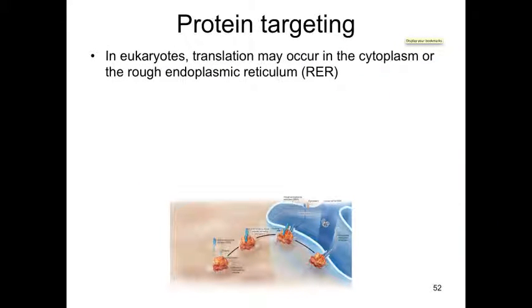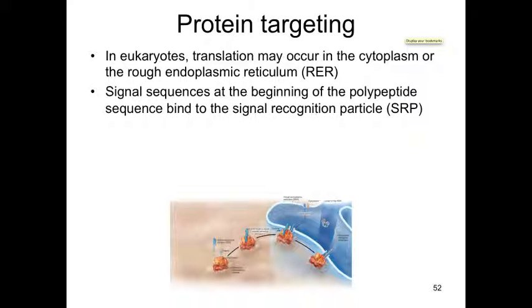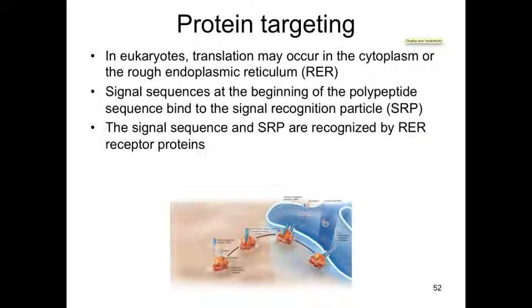In eukaryotes, translation may occur in the cytoplasm or in the rough endoplasmic reticulum. If this happens, there are signal sequences at the beginning of the polypeptide sequence that bind to a signal recognition particle on the rough endoplasmic reticulum. The signal sequence and SRP are recognized by the rough ER receptor proteins, and the docking holds the ribosome to the rough ER.